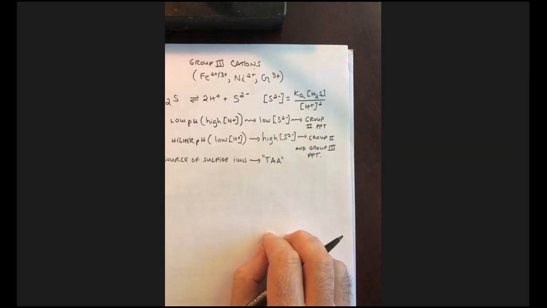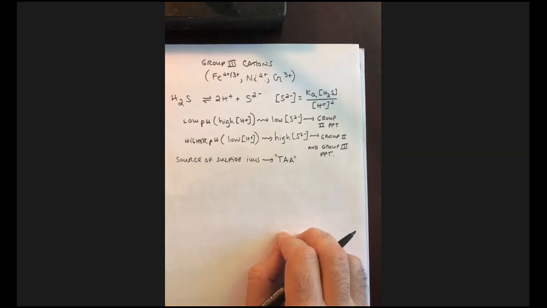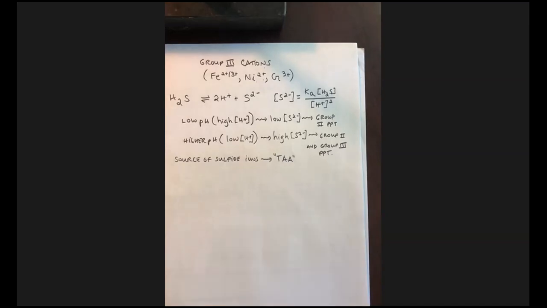And we're going to take advantage of the conditions here in order to also separate the group 4 ions, all right?